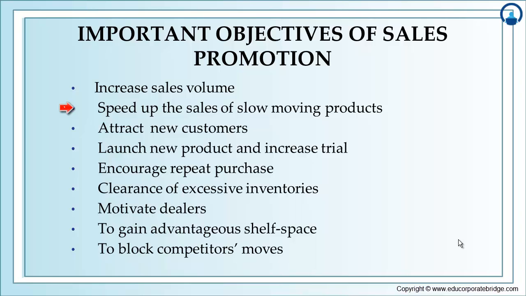So what I can do is, in order to speed up the sales of say Himalaya soap, I could just bundle up the two products and sell it together. So what will happen is, when people start using the product, they may want to come back to the product again and next time go ahead and purchase the soap. So it could really speed up the sales.